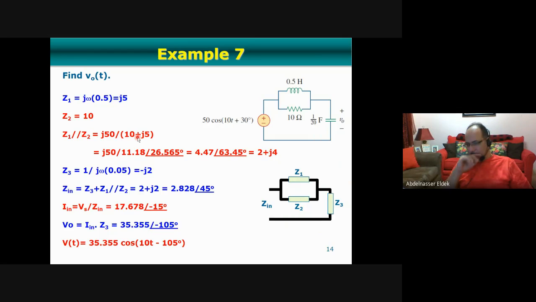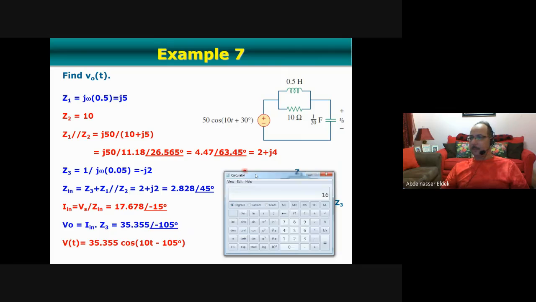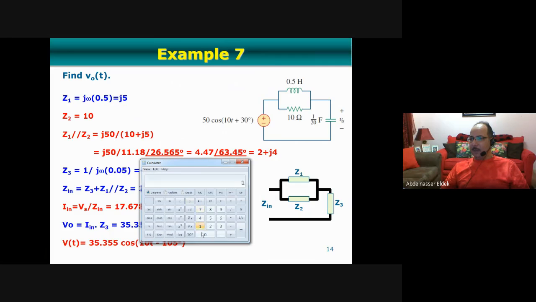Okay, then you need to convert them to amplitude and phase. j50, of course, is 50 with angle 90 degrees. And this one you can convert by using a calculator. You can say 10 squared plus 5 squared equals, and then to the power of 0.5 equals 11.18.